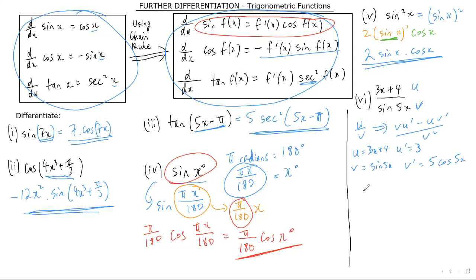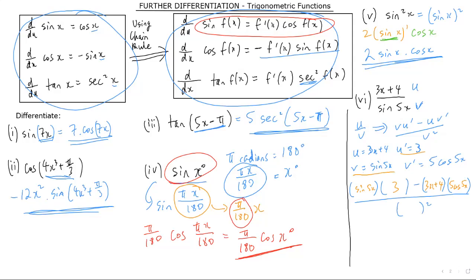Now, when we put that into our answer, it should be v u dash minus u v dash over v squared. So if we look at these numbers here, v is sine 5x, u dash would be 3, and u is 3x plus 4, and v dash would be 5 cos 5x.